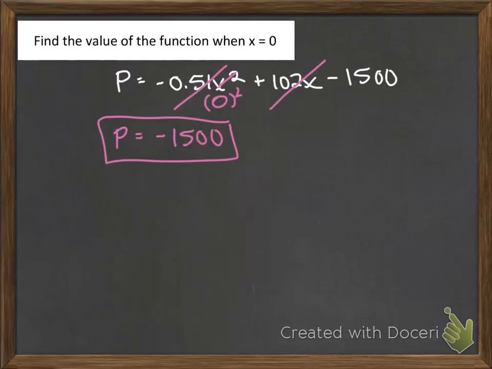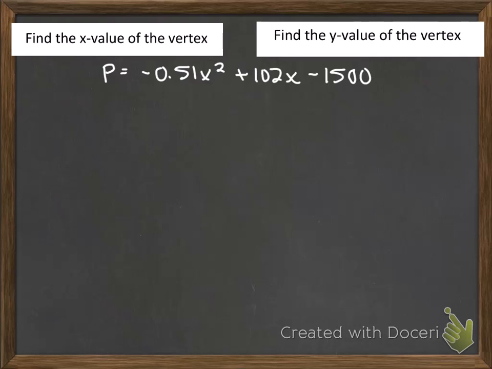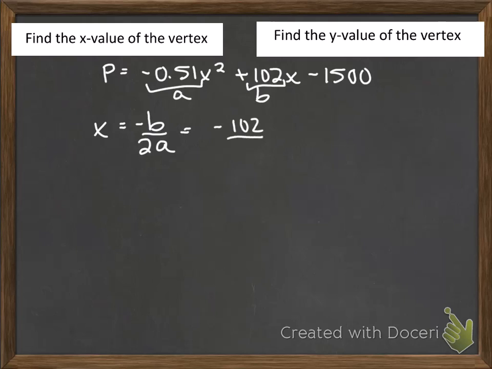Okay, so let's move on to the x and y value of the vertex. I'm on a new page here, and you can see I copied down the equation. So the x value of the vertex, again, is negative b over 2a. This is a, and this is b. So I have negative 102 over 2 times negative 0.51. That's going to give me 100.